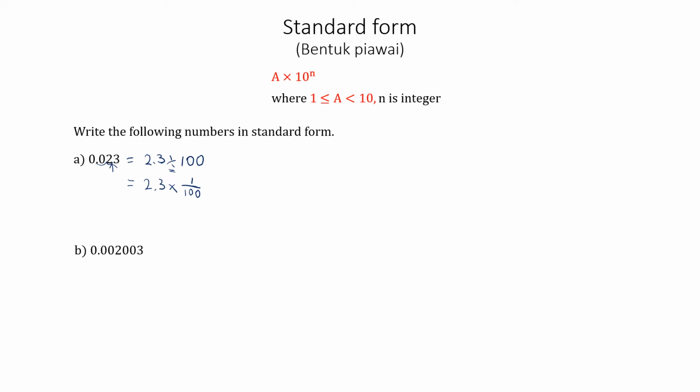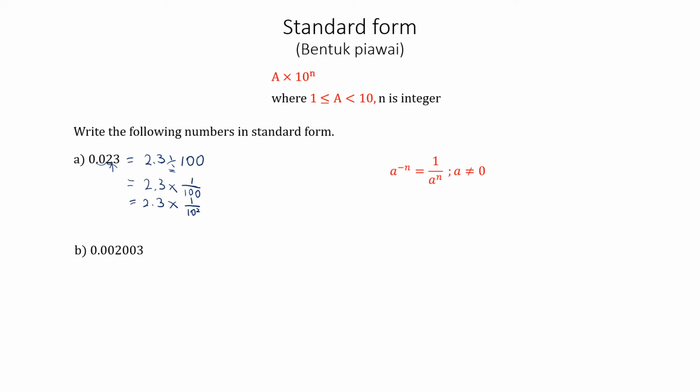So it's 1 over 100, and 1 over 100 you can write as 2.3 times 1 over 10 to the power of 2. And still remember this, the negative index: a to the power of negative n is equal to 1 over a to the power of n.